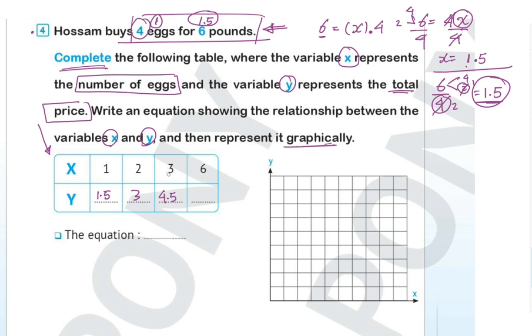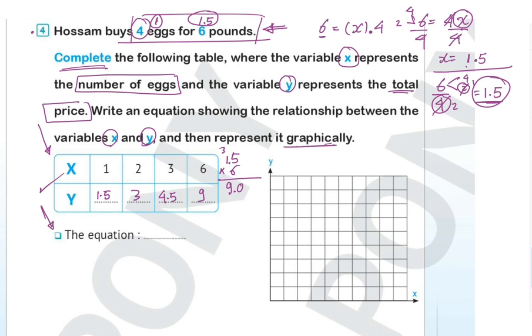Now 3 by 1.5 will be 4.5. 6 by 1.5, just multiply it. 15 by 6. 6 by 5 will be 30. Carry 3. 6 by 1 equals 6 plus 3 equals 9. Don't forget we have the point here. Now it's 9. Okay? Now I have completed the table.